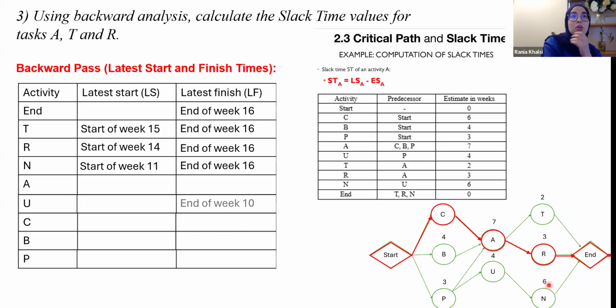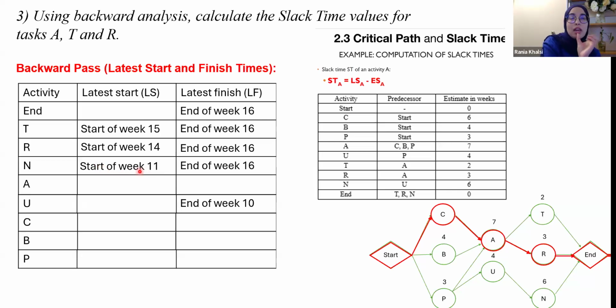So now what do we have? After that, we have activity U, okay? Why am I moving to activity U here? Because U is connected to N, and we know that N has the latest start of week 11, okay?